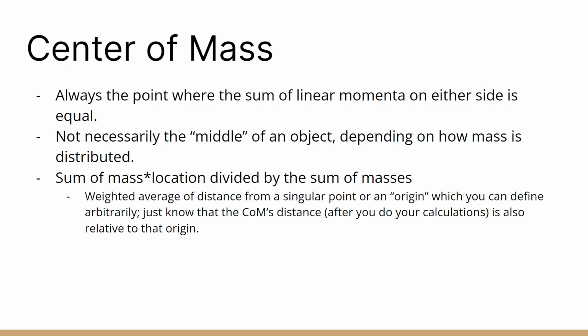And if you want to express center of mass in a formulaic sense, it's going to be just the sum of all the mass points times how far they are from a given origin. Now, this is important because you can define the origin. You can define any point to be a zero point. The only thing with that is, if you're defining it that way, the eventual center of mass which you end up calculating, its distance is going to be relative to that zero point.